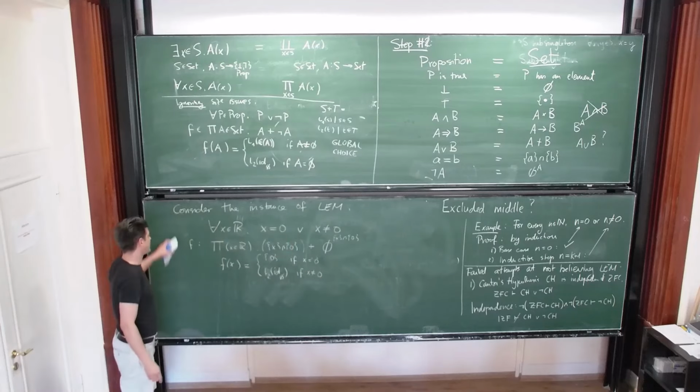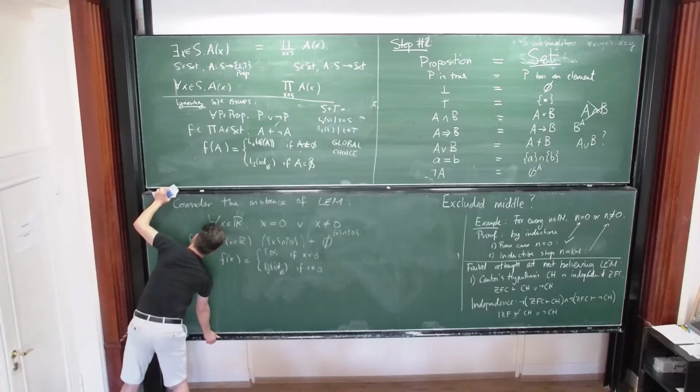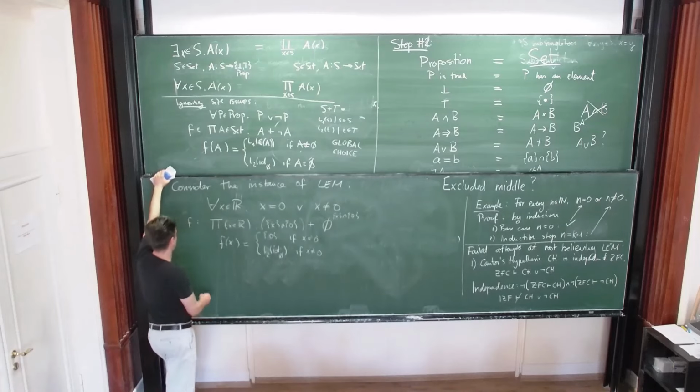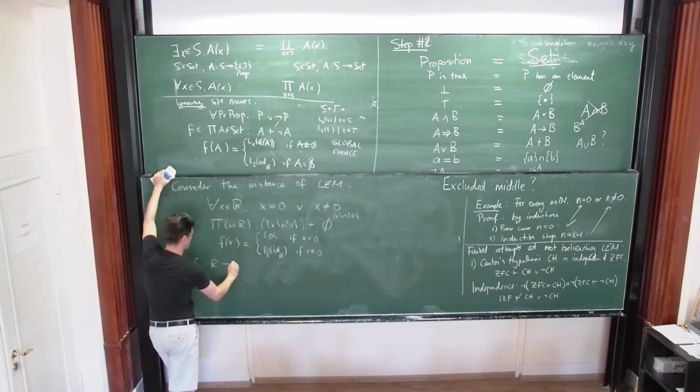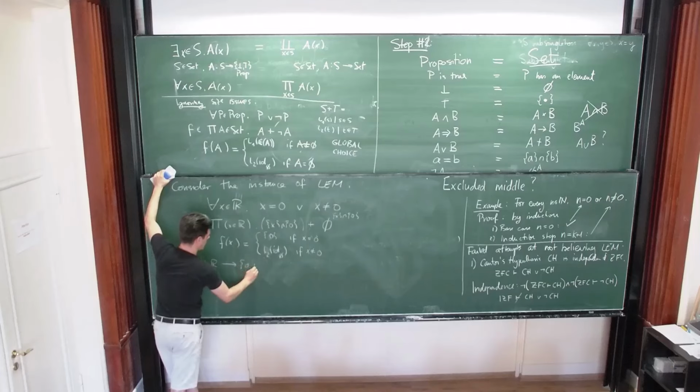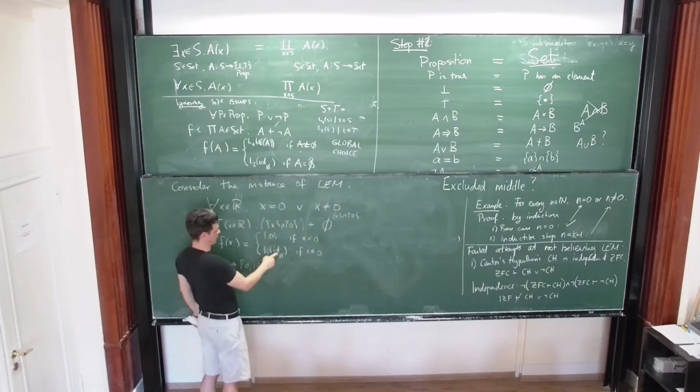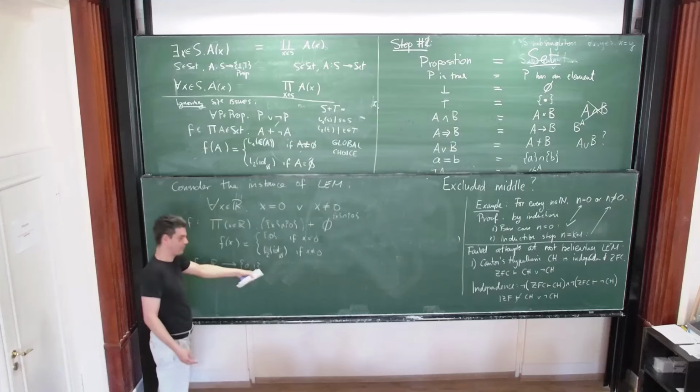For all practical purposes, this is what? Well, this is a map. So you could think of it as a map from real numbers into 0, 1, if you declare this to be 0 and you declare this to be 1. So it's like a map into booleans.